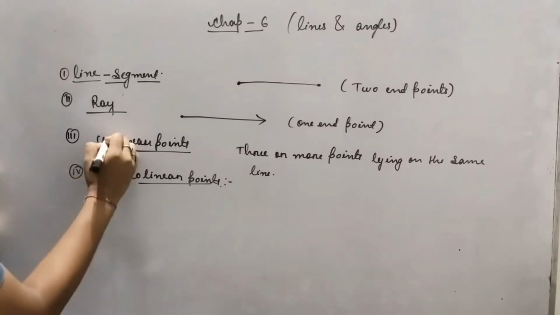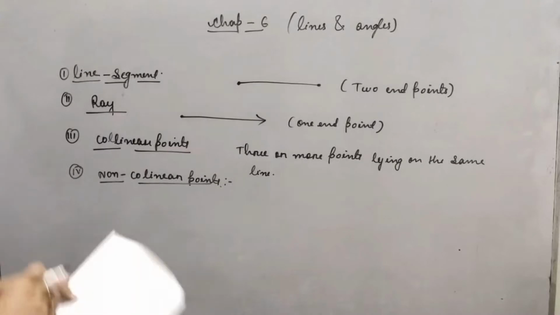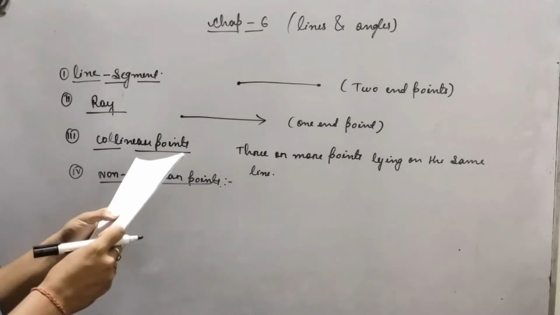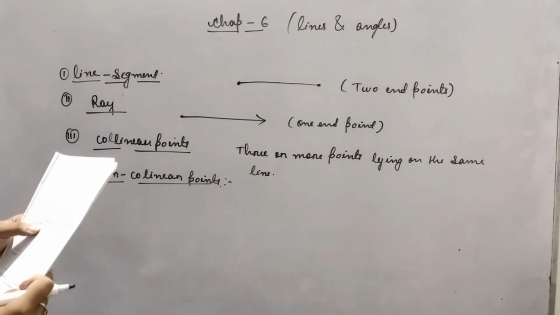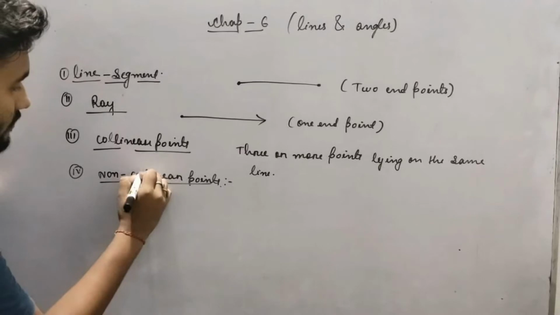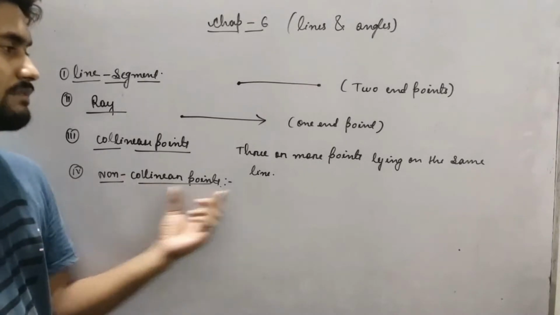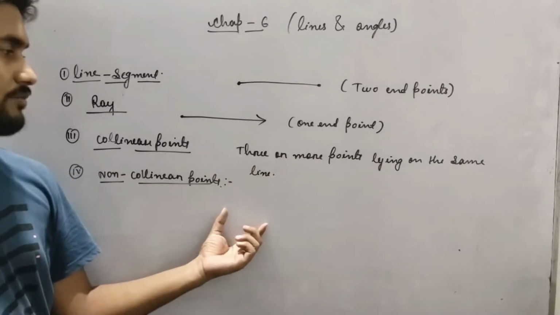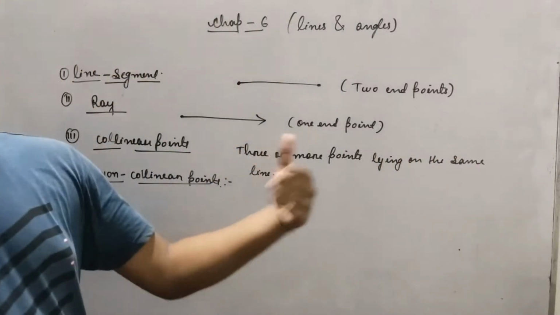This is C-O-double-L. Let me check the spelling: C-O-L-L-I-N-E-A-R. Right, collinear. So what are non-collinear points? Simply the opposite of collinear points. If 3 or more points are lying on the same line, then they are collinear.